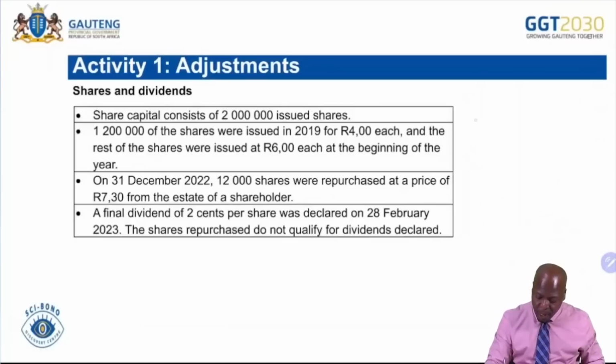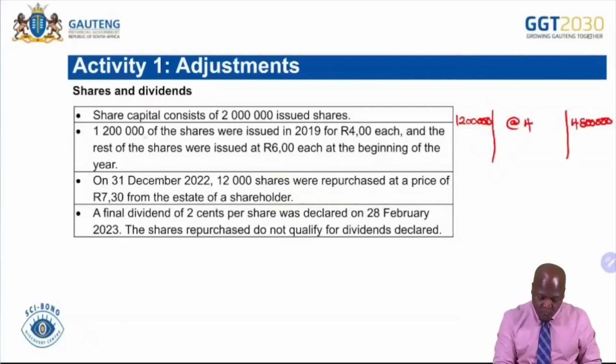So I'm just going to come quickly here and see if I can do a quick note number 7. Let's quickly do that. So we know that we had 1.2 million at the beginning, and these were issued at 4 rand. It therefore means we had 4.8 million here. You still following me? All right.